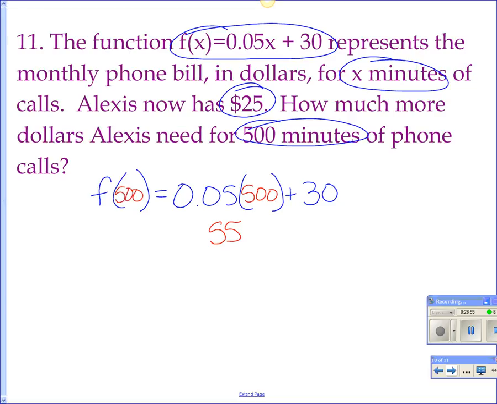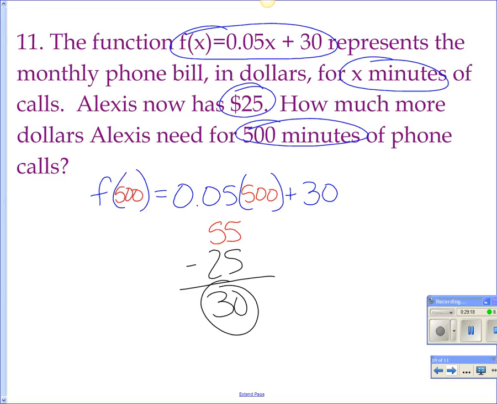Tamara, is 55 my final answer? No, what do I have to do? Subtract what? 25. And Allison, what do you get for the final answer? Somebody raise their hand and tell me the 30 in a sentence.